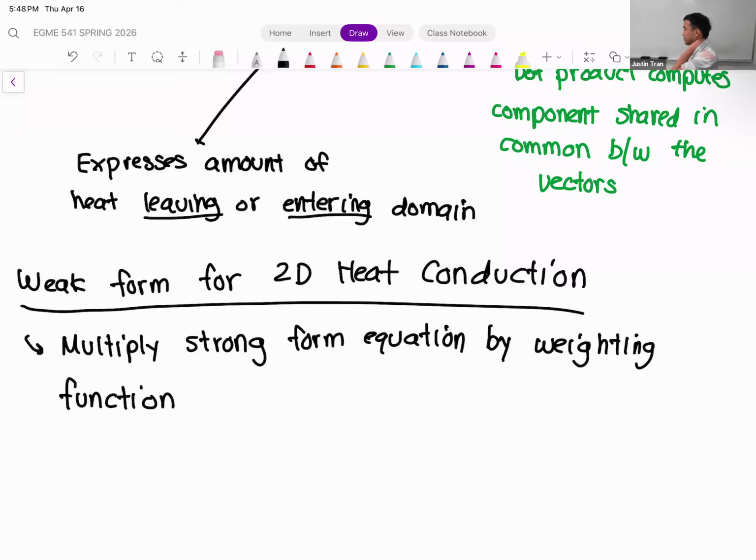The weighting function is going to play a similar role here. And then we're going to integrate that across our entire domain.